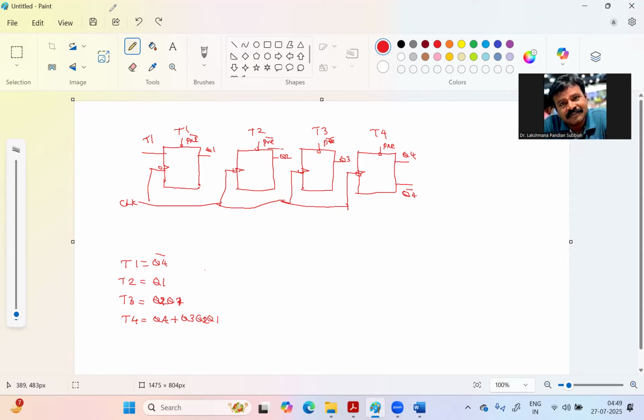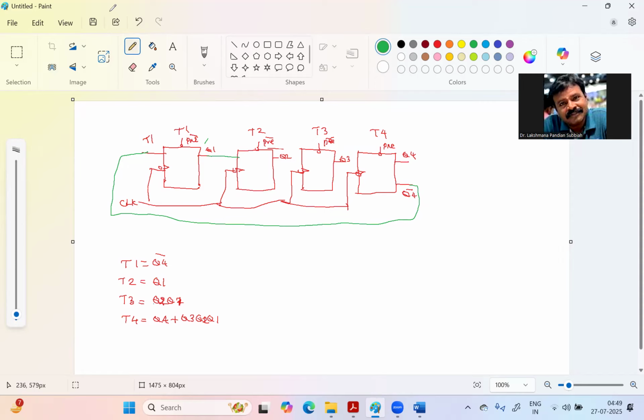And then here we have to connect that one, right? So that is T1 equal to Q4 bar. So you take that Q4 bar and then you have to connect with this one. Then next we have to connect the T2. T2 is Q1. So T2 is directly connected with Q1.